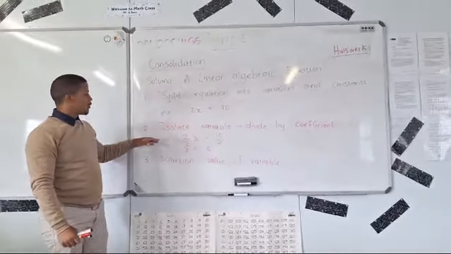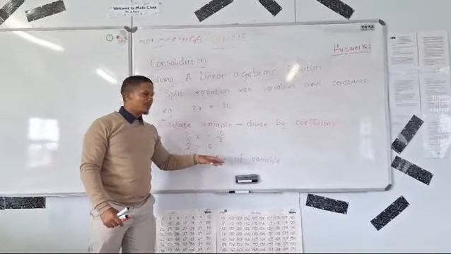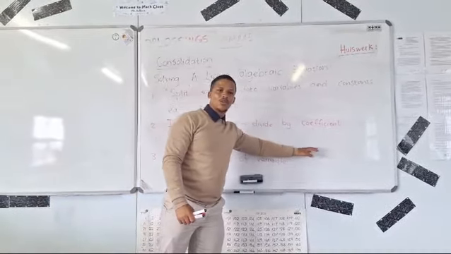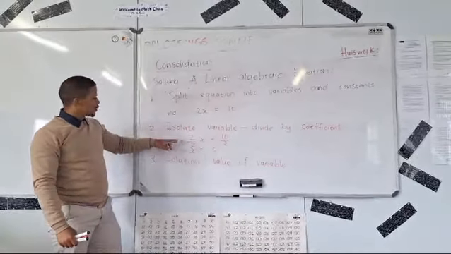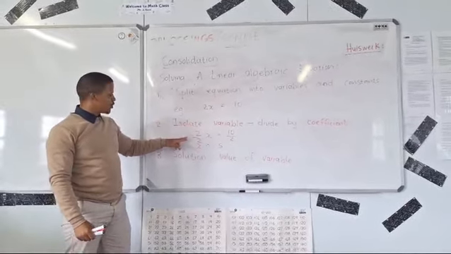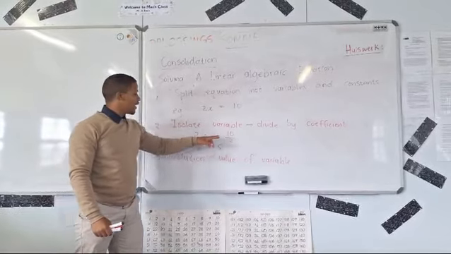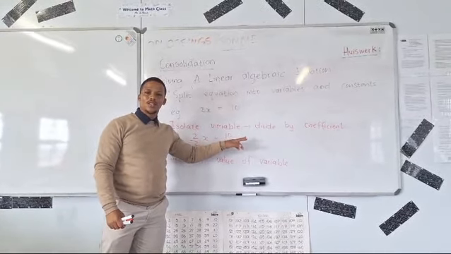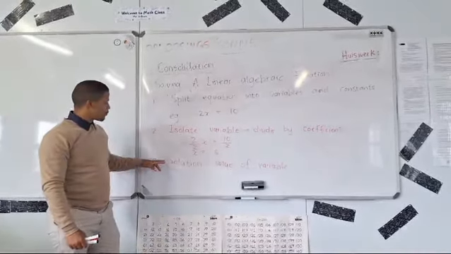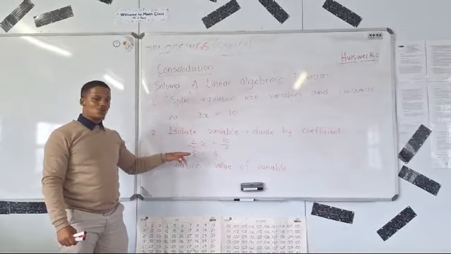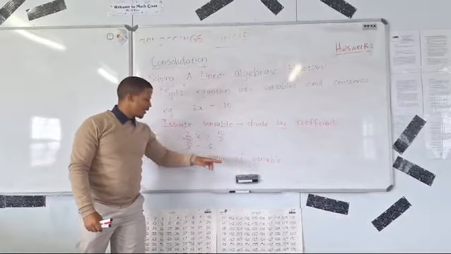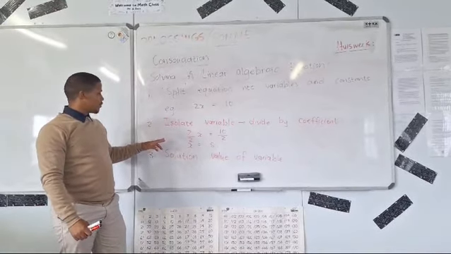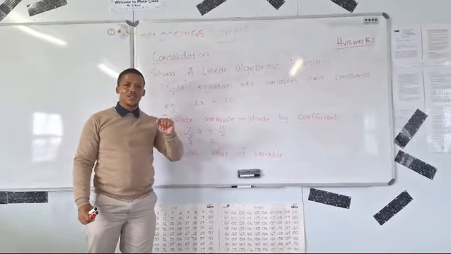Next, you have to isolate the variable by dividing by the coefficient on both sides, left and right. So here I divided by 2, the coefficient, on the left, and I divided by 2 on the right. So when I divide by 2, I'm going to get on the left hand side x is equal to 5, and basically that is the solution of the equation.